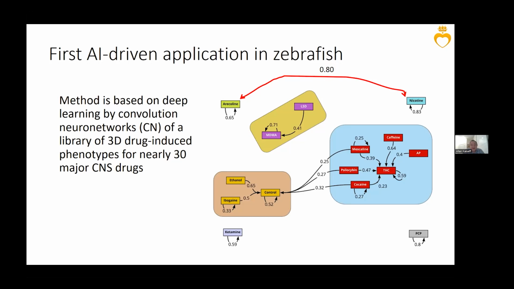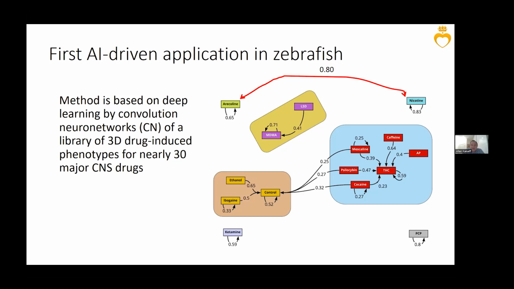Now, the system predicted aricolin and nicotine as similar with 80% probability. Because it has never seen aricolin before, it thought it's nicotine. But in fact, it's a very similarly structured drug that is similar to nicotine, but it's a different drug. But 80% accuracy of prediction is high and promising enough for us.